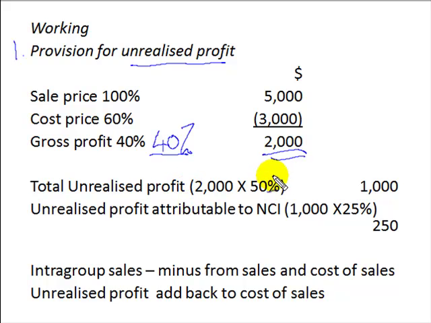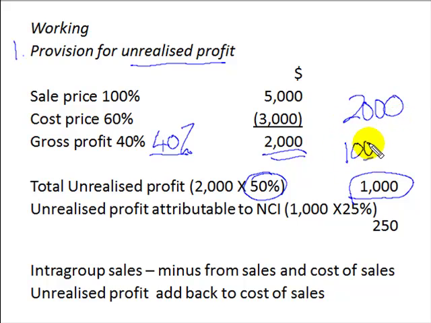But according to the question, 50% of the inventory is still with the parent. So the total unrealized profit is 1,000. Out of the 2,000 profit, 1,000 of the goods you have sold to third parties, so this becomes realized profit. But you still have 50% of the goods in the parent's inventory, so this 1,000 is your unrealized profit.